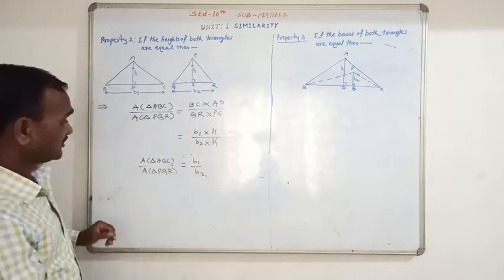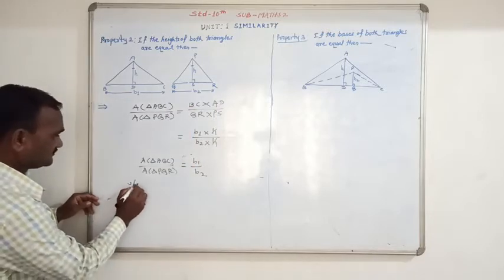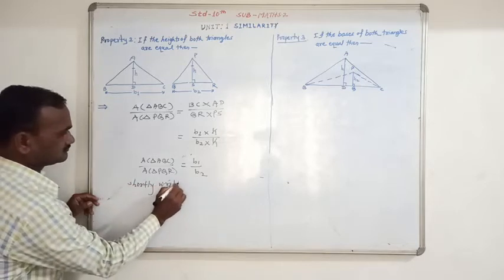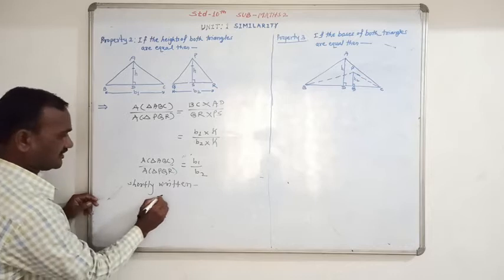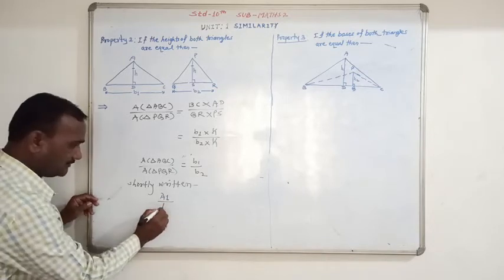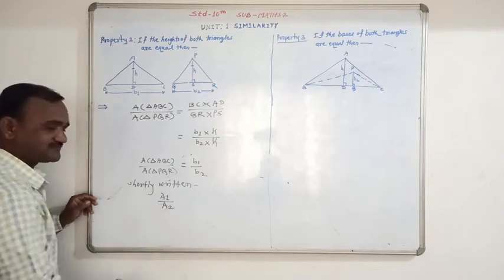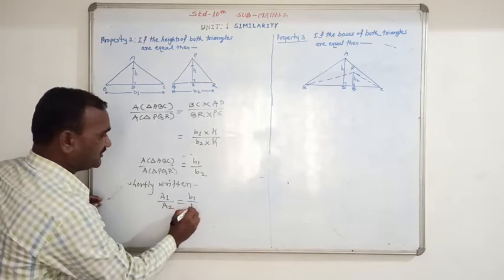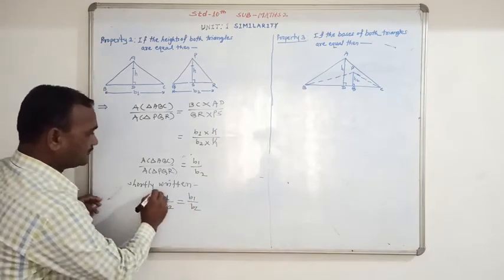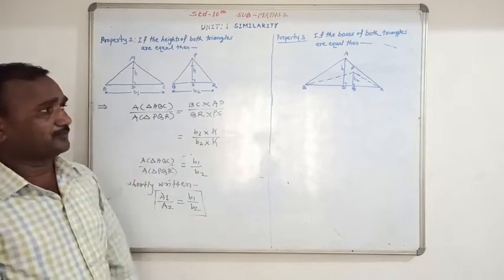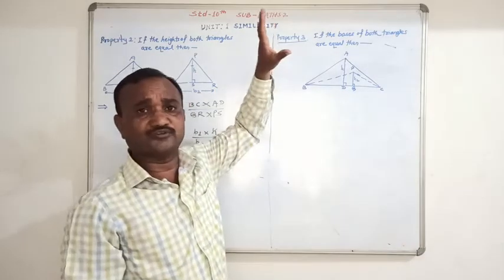This property is shortly written as A1, the area of the first triangle, divided by, means ratio, area of second triangle, is equal to B1 divided by B2. This is the second property of ratio of areas of two triangles. Very important property.